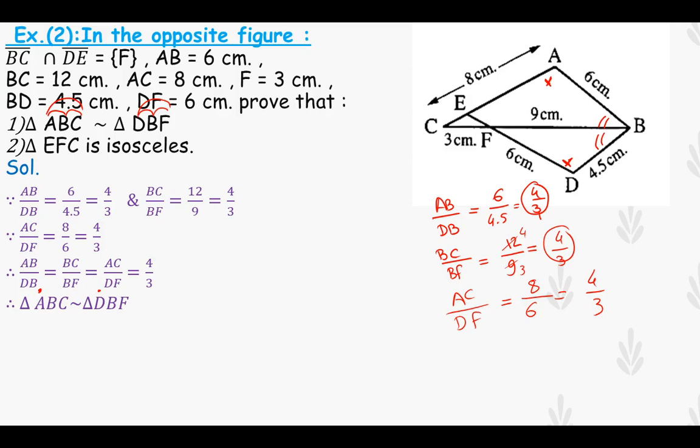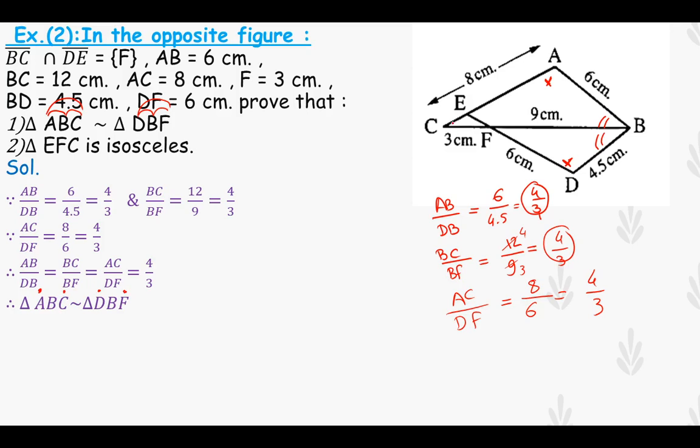So also you can say, as in the previous example, that CB bisects angle ABD, but this is not required in this problem. Okay, and measure of angle C, the last one, is equal to measure of angle F.